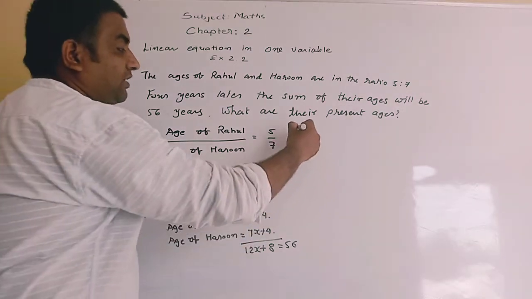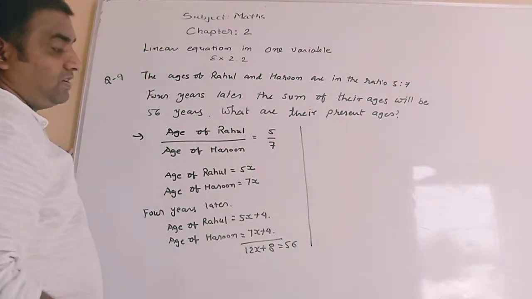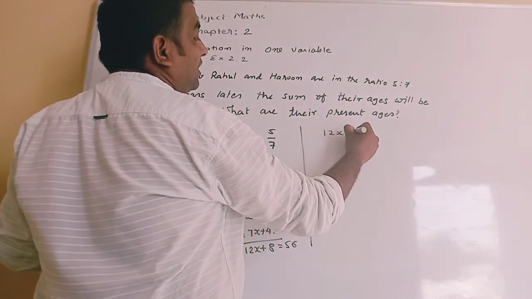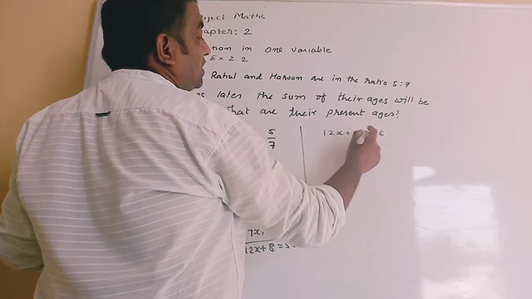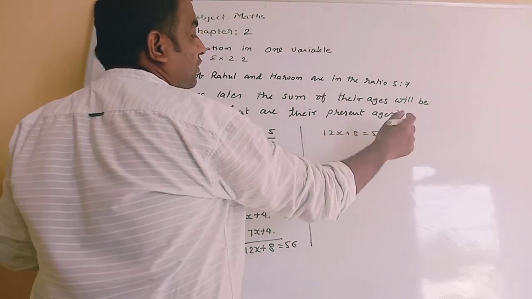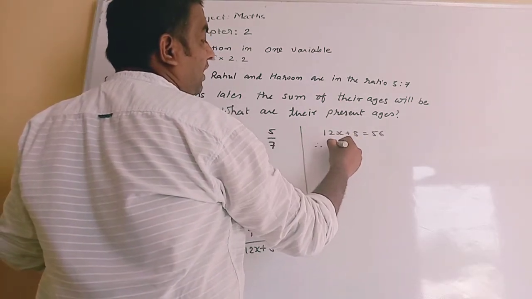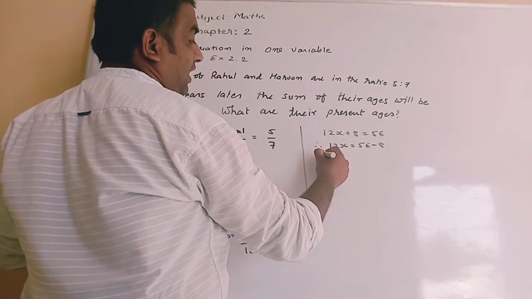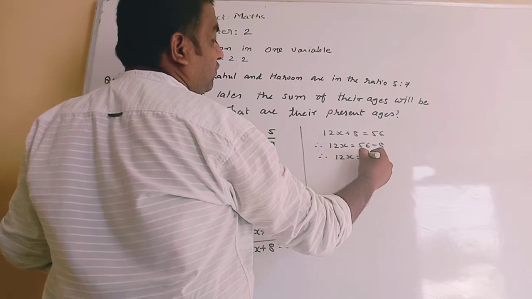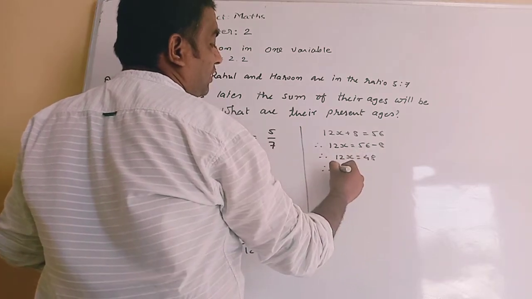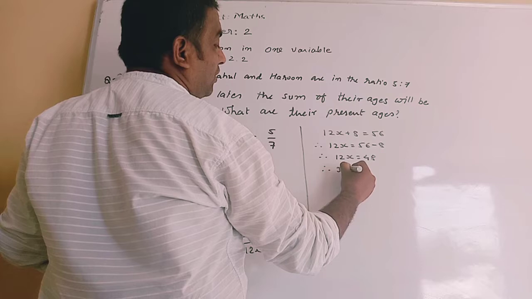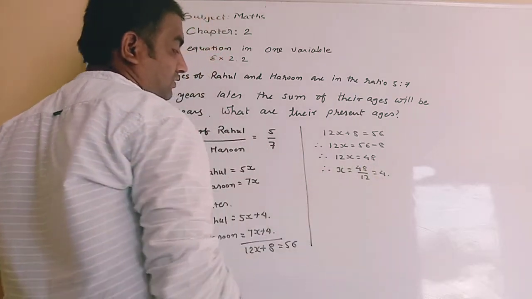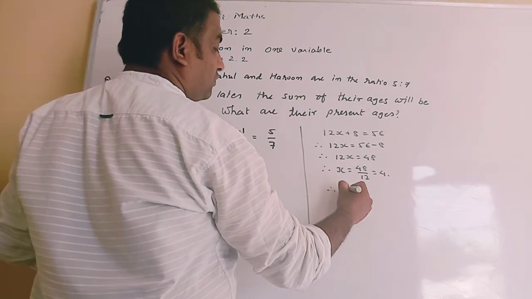So we solve this equation. 12x plus 8 equals 56. We take 8 from the left-hand side to the right-hand side: 12x equals 56 minus 8, so 12x equals 48. So x equals 48 divided by 12. So x equals 4.